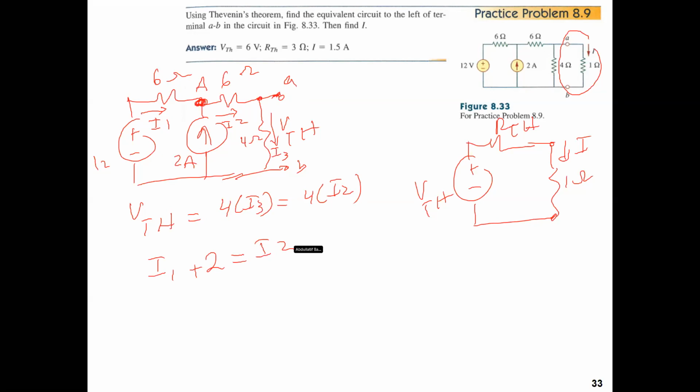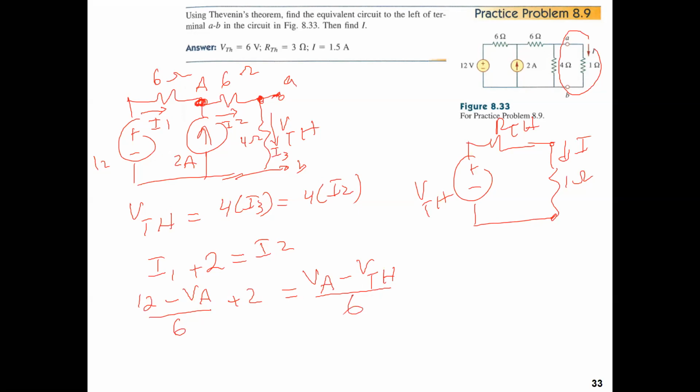Now apply Ohm's law. I1 goes from the 12 to VA, so I1 is 12 minus VA over 6, plus 2, equal to VA minus VTH over 6, where this is VTH here.